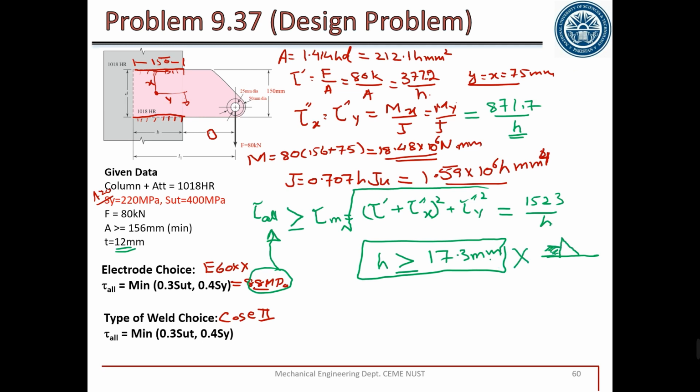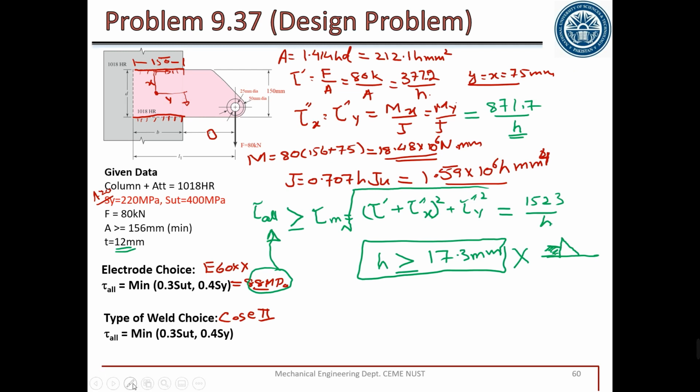So it means that our whole calculation for this problem is not correct, or we have to redo it, we have to change something. What do we have to change? We are required to change the type of weld, because compared to the case number 2 weld, the type 5 weld has, for the same area, double the length, so its strength is almost double, so we can use that weld.